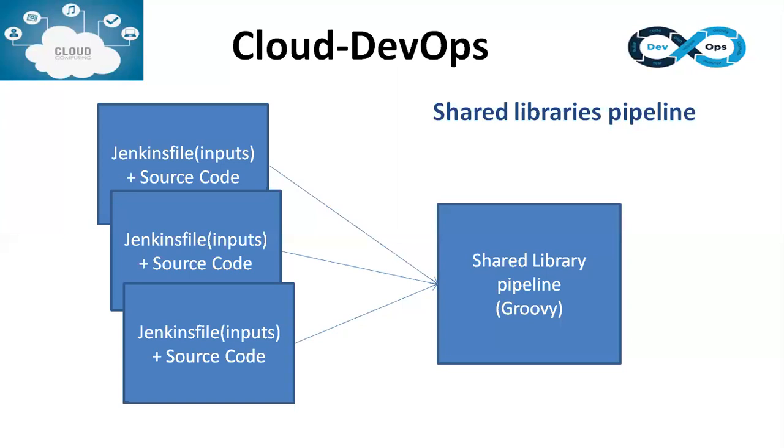So a shared library is nothing but a commonly developed Jenkins pipeline that can be used across multiple repositories. Those repositories can have the same type of language or different languages.